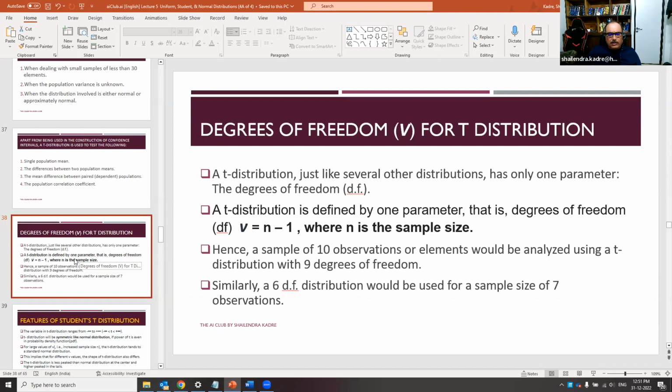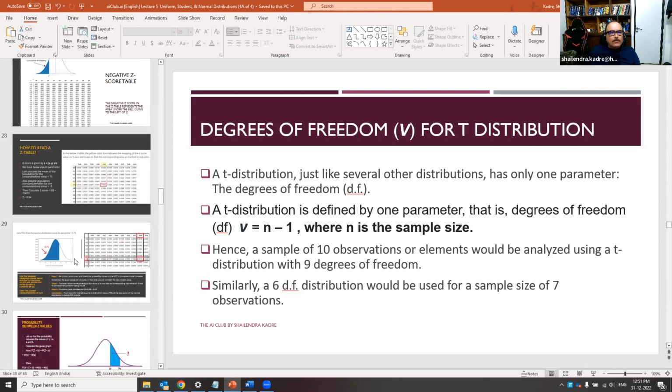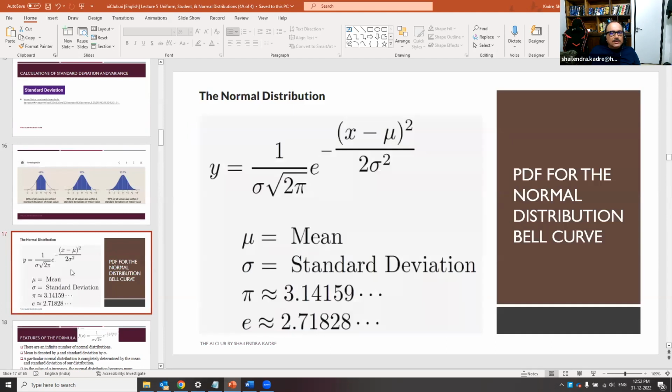Sarthak, can you tell? No, sir. I'll take you to the formula again. The formula is this. Seeing this formula, can you tell me the two main parameters?